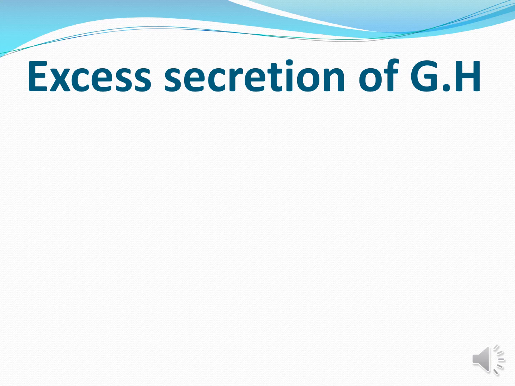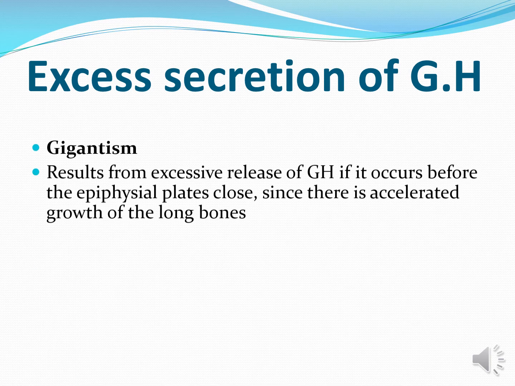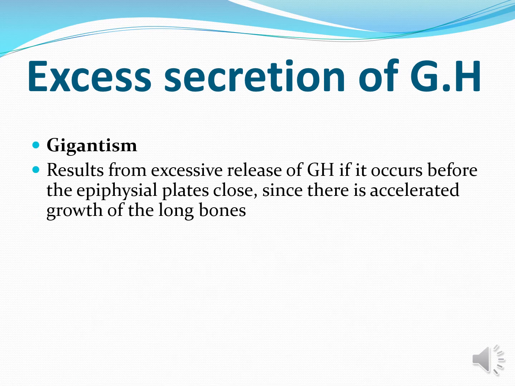Excessive secretion of growth hormone: gigantism and acromegaly. Gigantism results from the excessive release of growth hormone if it occurs before the epiphyseal plate closure, since there is accelerated growth of long bone.